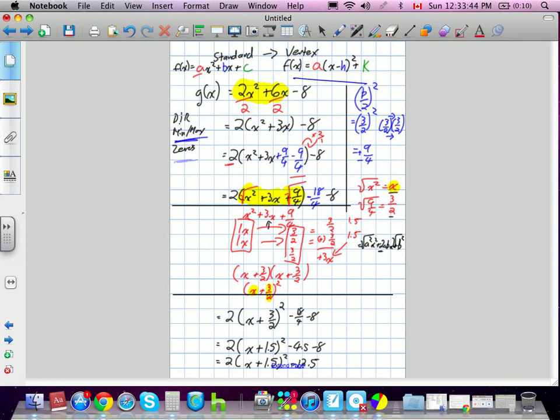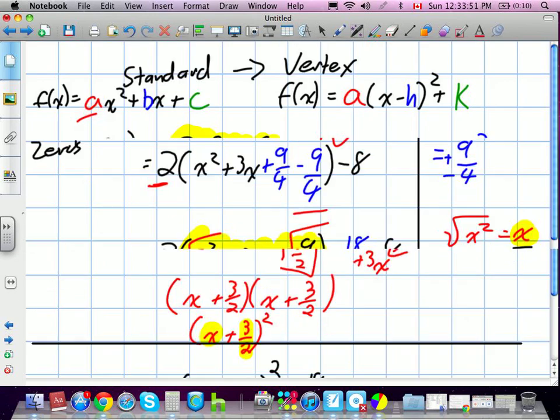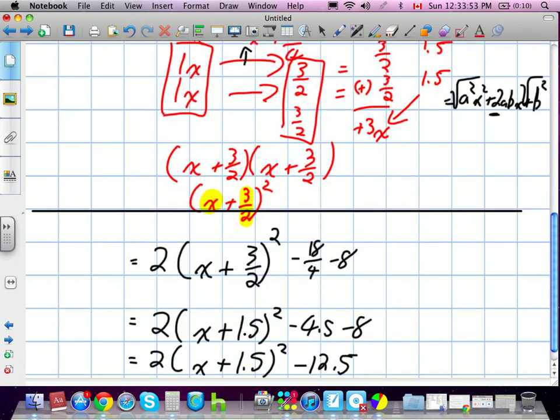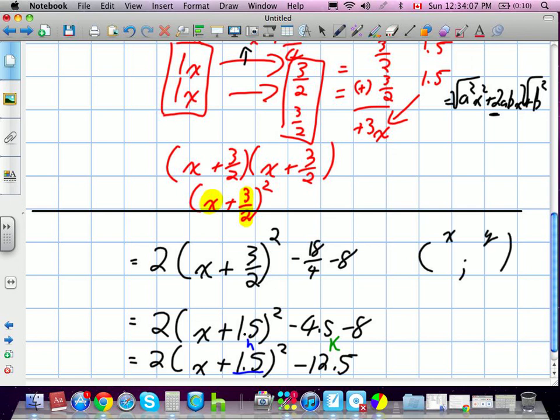In this vertex form, looking at this question, what is our vertex? Do you know by looking at these numbers down here? Well, remember, this represents h. This represents k. Yes, good. So the vertex is my x, negative 12.5, my y value.